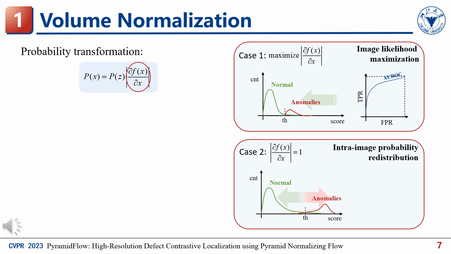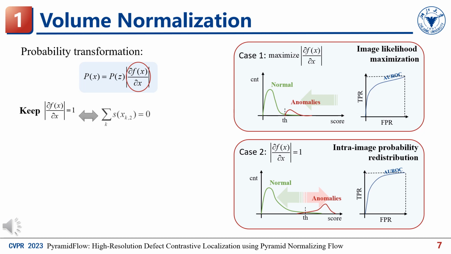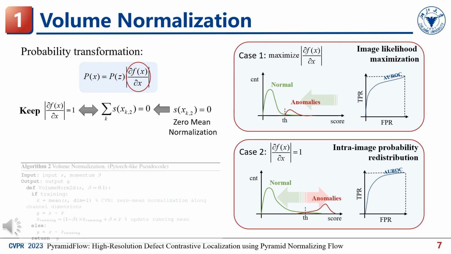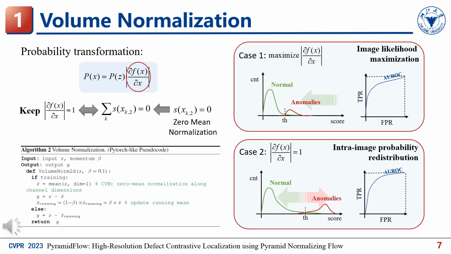This redistribution plays a key role in stabilizing the generalization performance. Therefore, we propose volume normalization, a novel method that operates on the coupling blocks to maintain a constant Jacobian determinant. During training, the pseudocode for this approach is presented in the table.